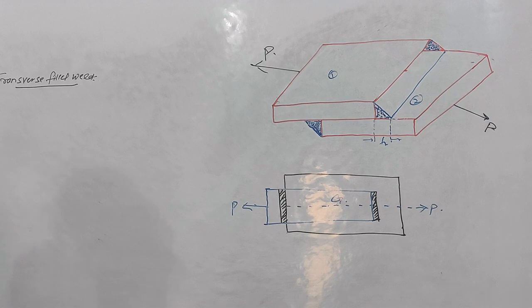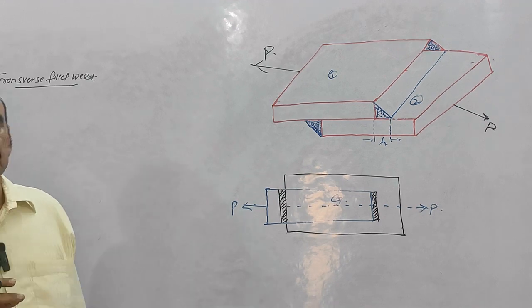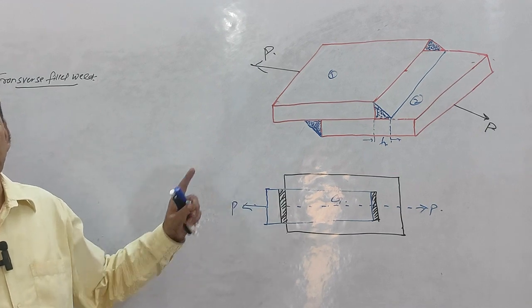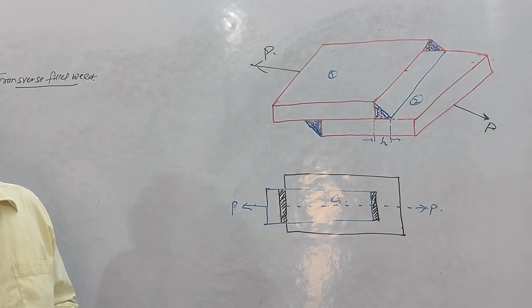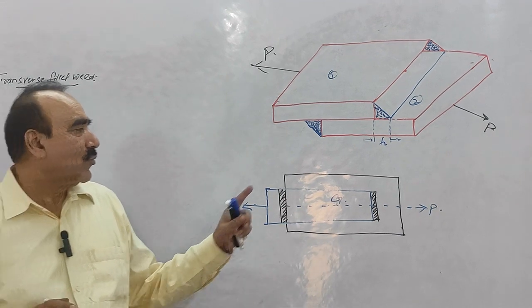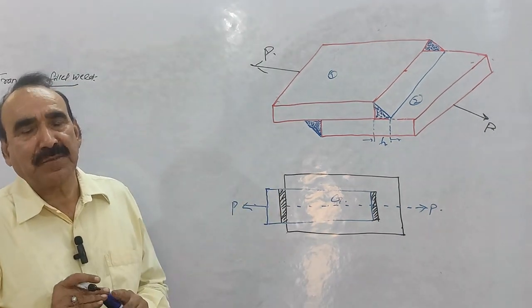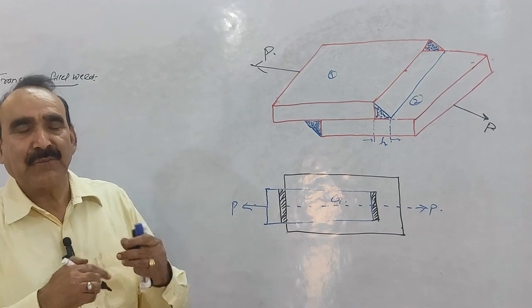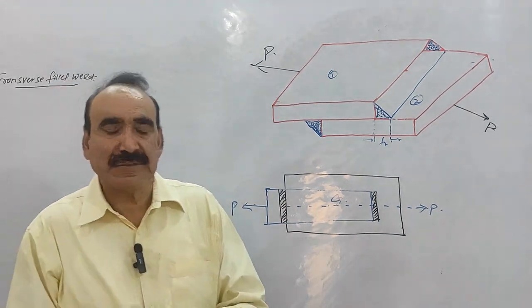As in case of when the two plates overlap to each other, plate number 1 and plate number 2 overlap to each other, means one plate is above and the other plate is below, and both the plates are like this, right?